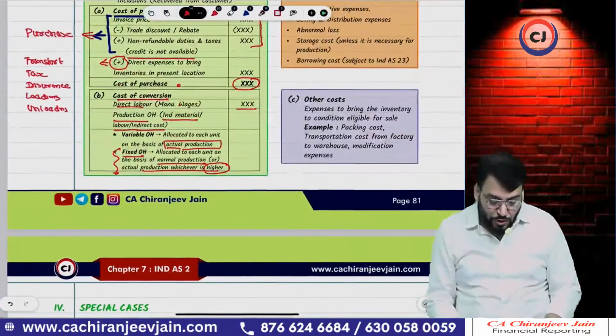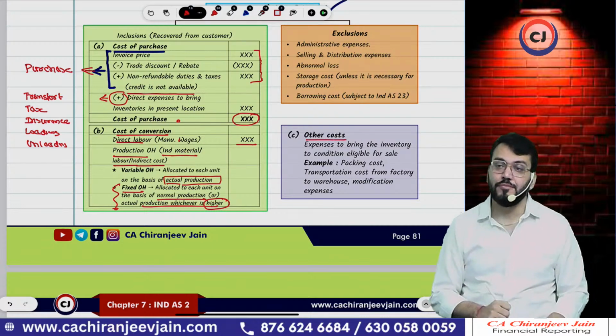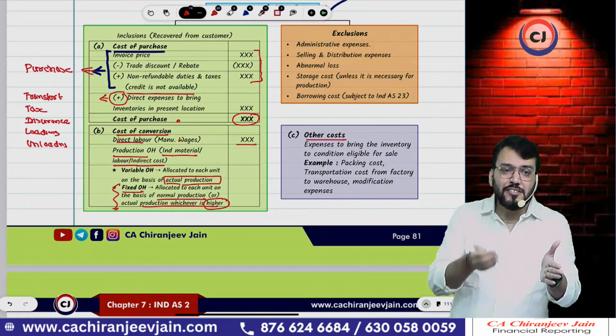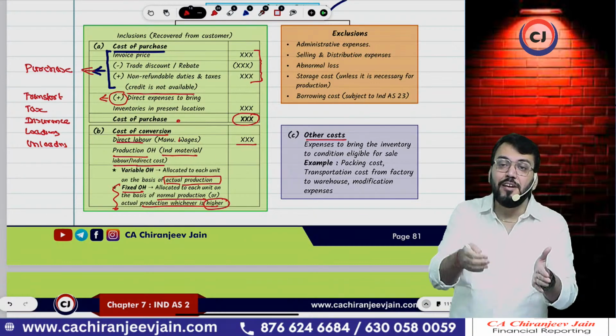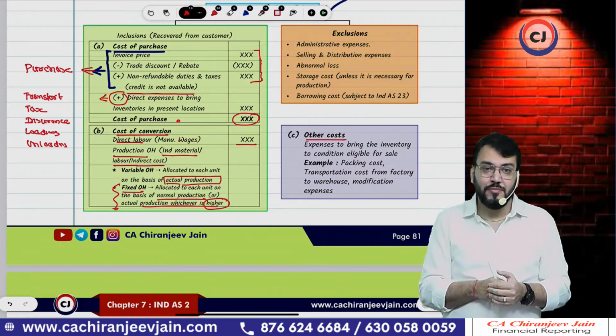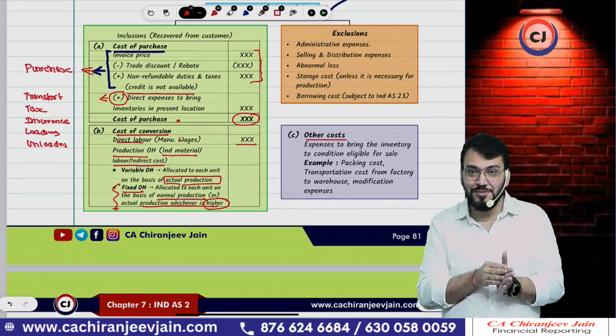Understood? So you have understood cost of purchase and cost of conversion. Now other costs. Once the unit is produced, some more expenses are required to bring the inventory to a condition of sale. For example, primary packaging, or transportation from factory to warehouse.